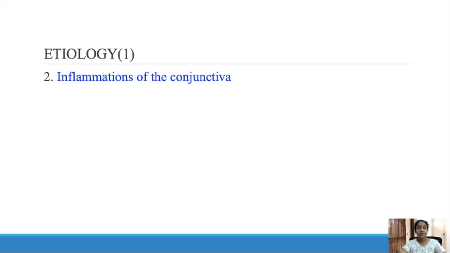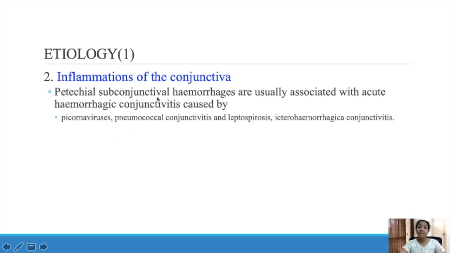The second cause is inflammation of the conjunctiva, that is conjunctivitis. Petechial subconjunctival hemorrhages are usually associated with acute hemorrhagic conjunctivitis.